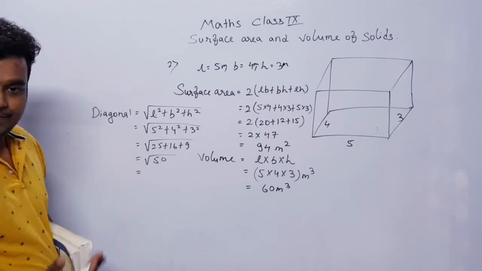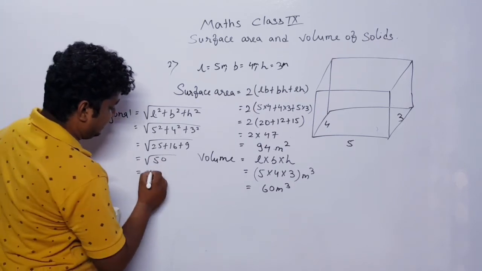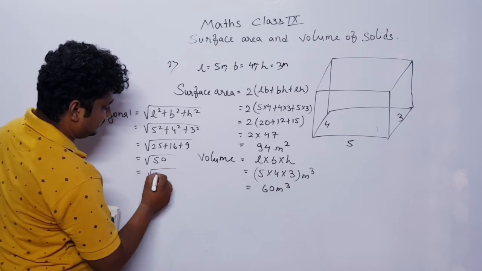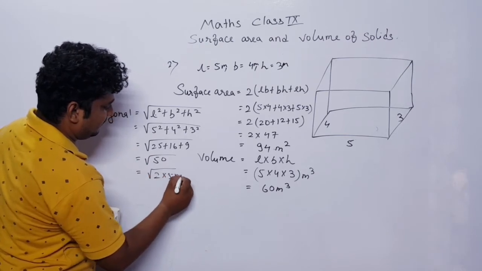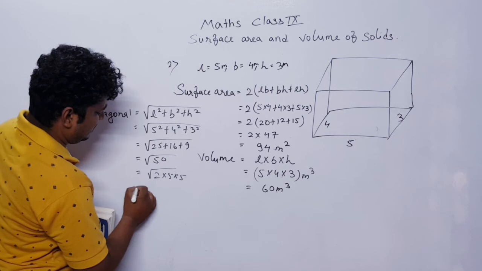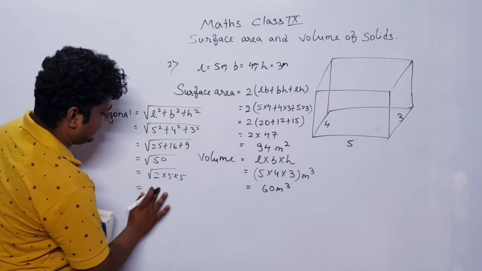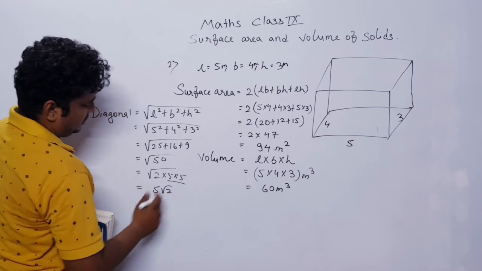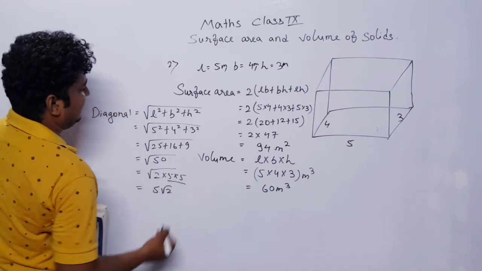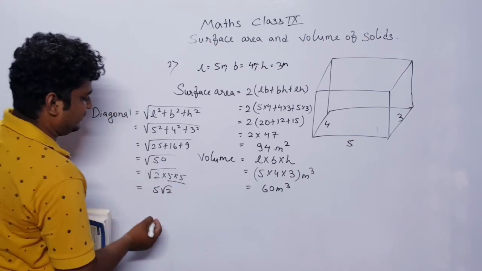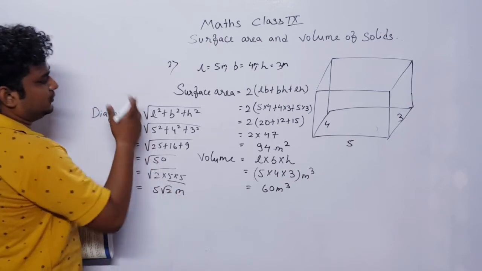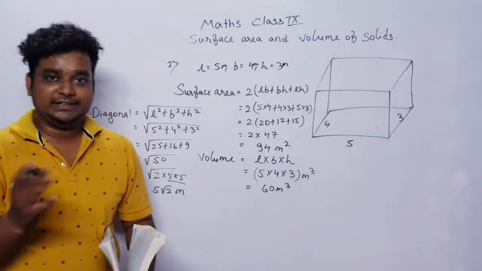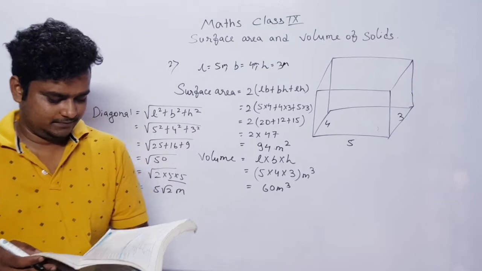Root over 50 can be written as 2 into 5 into 5, or 2 into 25. Taking 5 out from the pair, we get 5 root over 2. This is the length of the diagonal, in meter. This is the solution, and in this order we need to solve the questions.